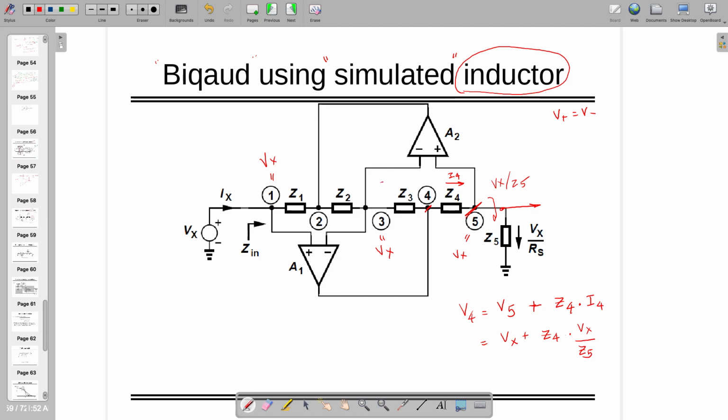Similarly, you can find out the current from here, or from here or from here. From whichever way you want to start, you can do that. There are many ways to solve this.